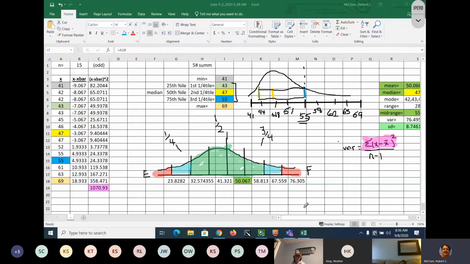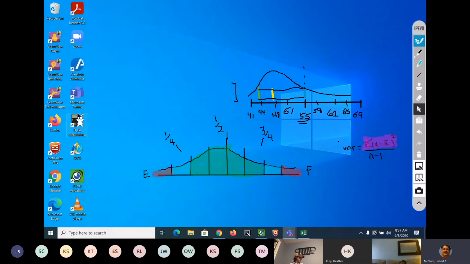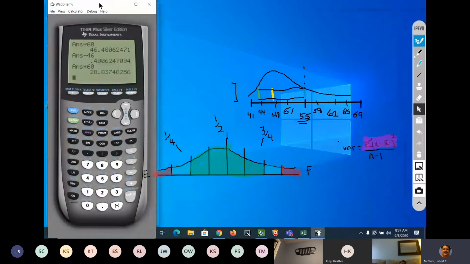So we need to do this on a handy dandy calculator. Let me move my whiteboard do-jigger. But what I'm going to do is pull up my handy dandy calculator, and we're going to move that over here.